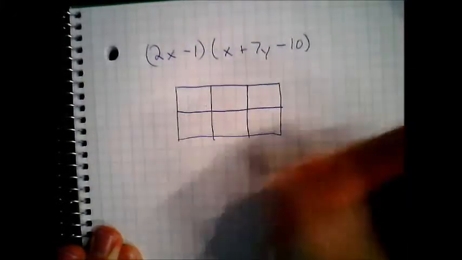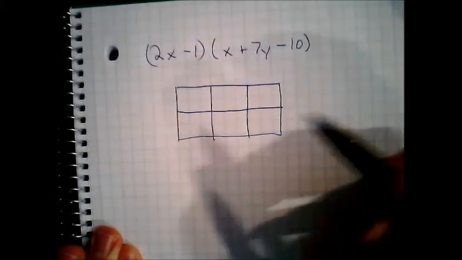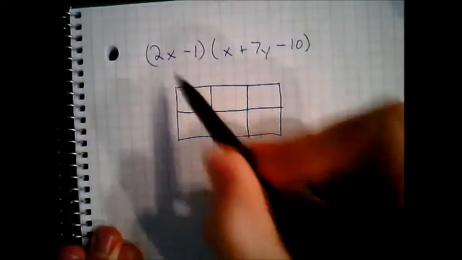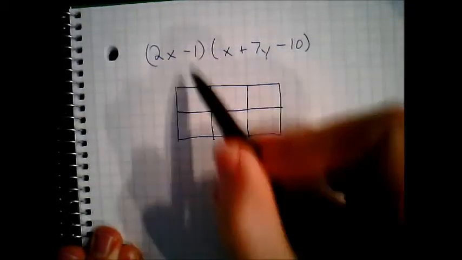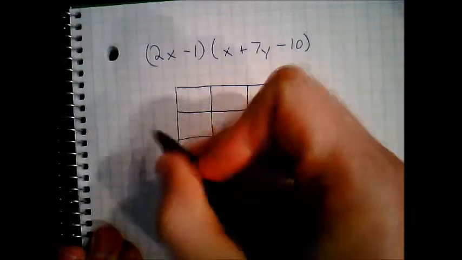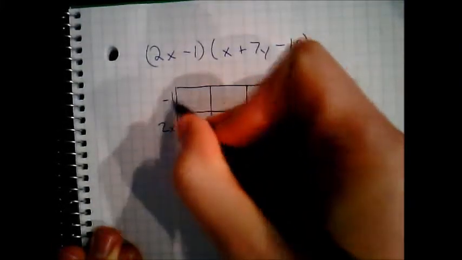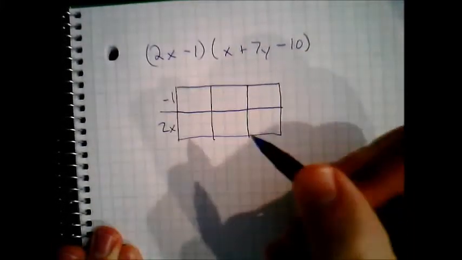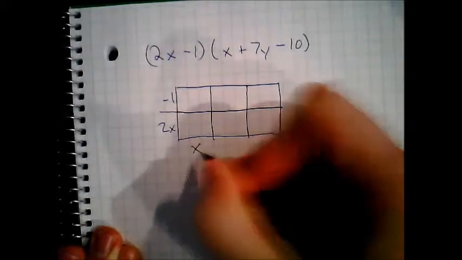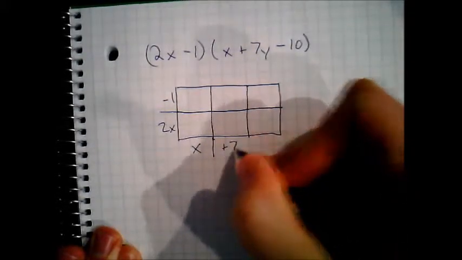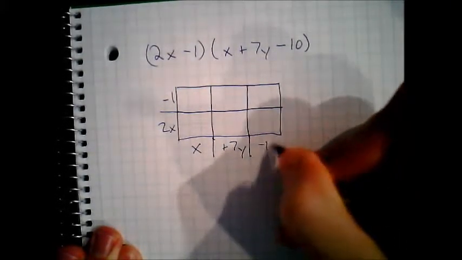Okay, this generic rectangle just helps us organize our multiplication, organizes our distribution. We have to distribute the 2x through all the terms and the negative 1 through all the terms. So we have 2x minus 1 going up the side, and across the bottom we have our x's, we have our positive 7y, and we have our negative 10.